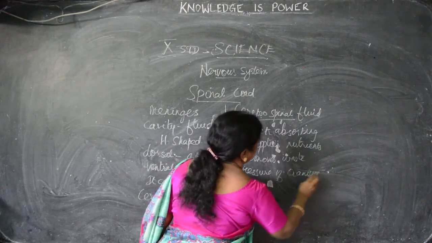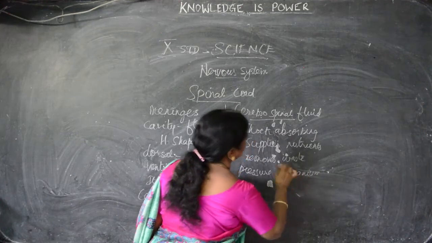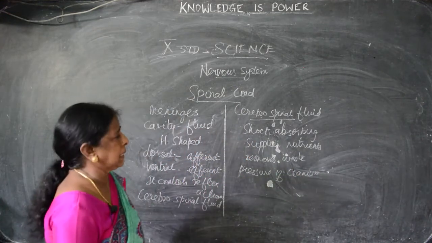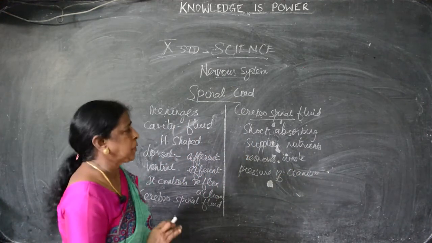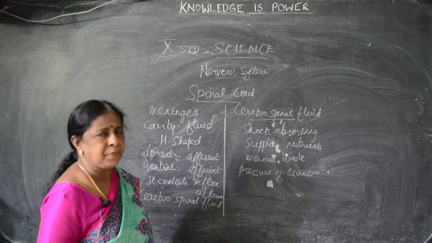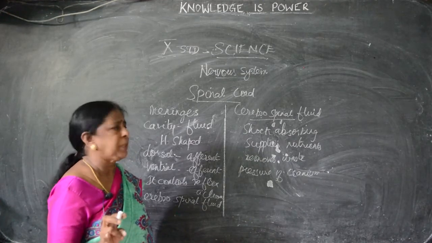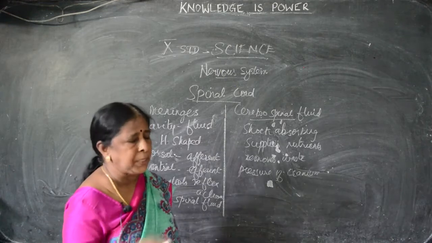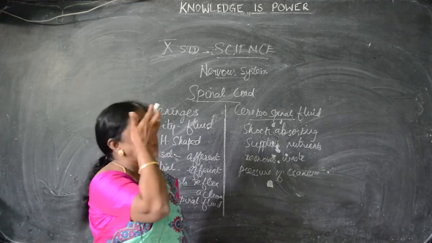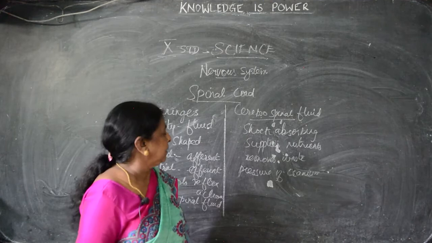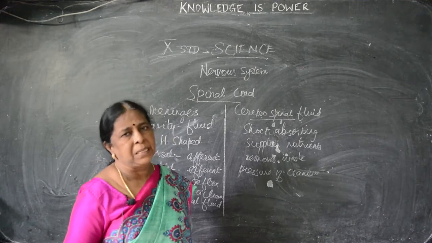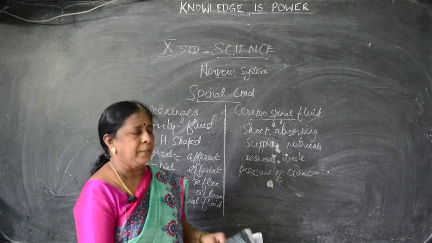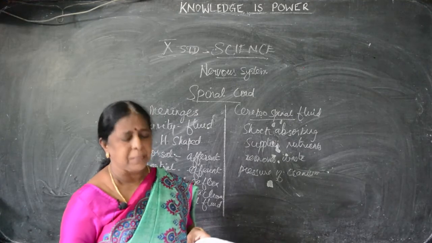The cranium is the place where the brain is placed. So the cavity is filled by cerebrospinal fluid. What is the function of it? It works as a shock absorbing liquid, it supplies nutrients to the brain, it removes waste from the brain, and it controls the pressure of the cranium. Clear? These are the functions of cerebrospinal fluid.